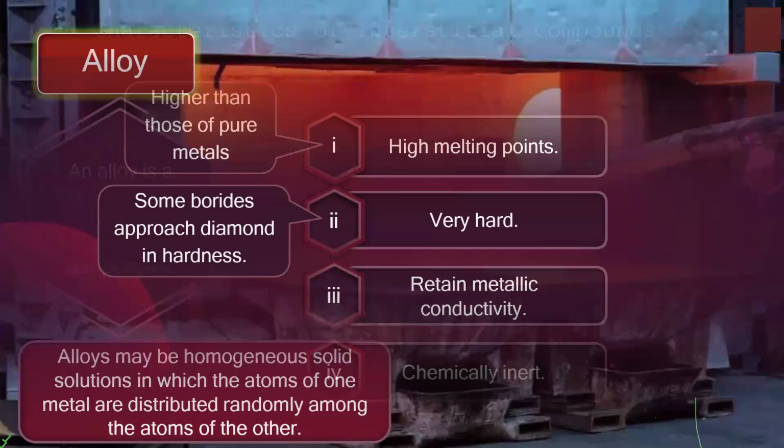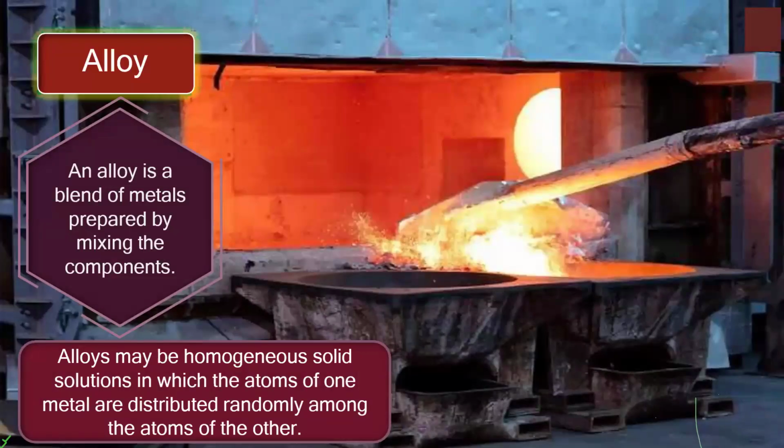Okay, the last part is alloy formation and the alloy definition. It was asked last year in counselling and also in entrances. An alloy is a blend of metals prepared by mixing the components, when the metals are mixed into a uniform solution.